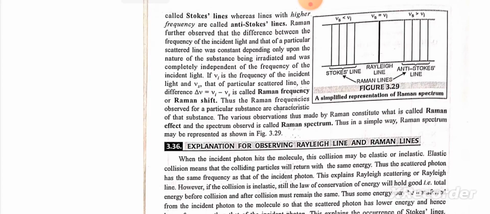Thus, the Raman frequencies observed for a particular substance are characteristic of that substance. The various observations made by Raman constitute what is called the Raman effect, and the spectrum observed is called the Raman spectrum. Thus, in a simple way, the Raman spectrum may be represented as shown in figure 3.29.